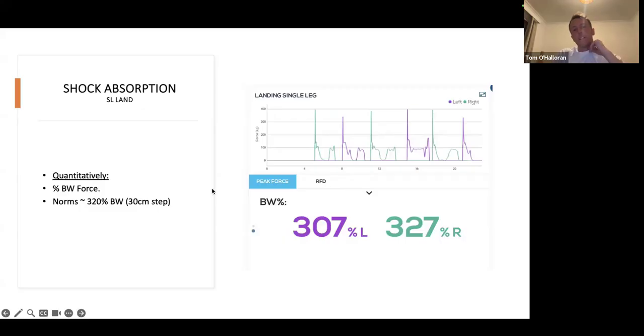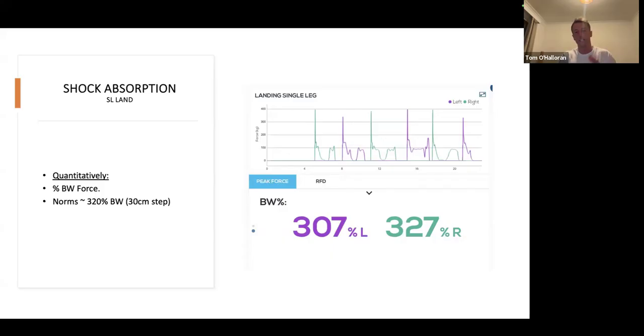And if we're thinking running, if we go back to the kinetics, we're thinking 3 times or 300% of body weight going through that lower limb with each step as we're catching ourselves. So do I have a test that tests 3 times body weight through it and their ability to handle that? I'll often see people who've done a lot of rehab and haven't developed the ability to absorb, and they're back running.